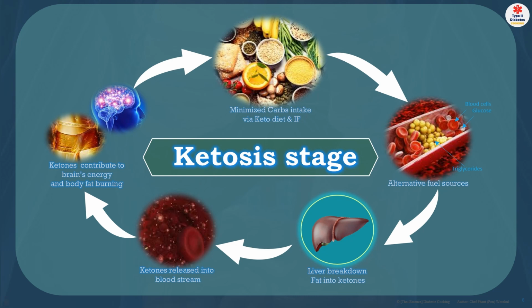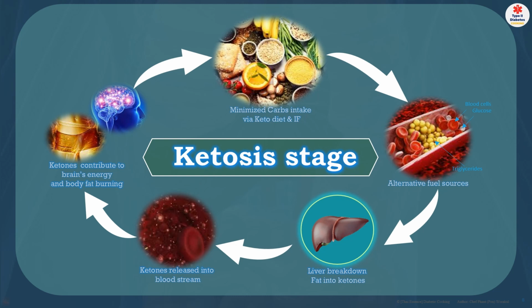That's how it works when you eat it, and then everything goes to the blood cell. You have glucose, triglyceride, and alternative fuel. These are the few things that help your body generate power and energy.